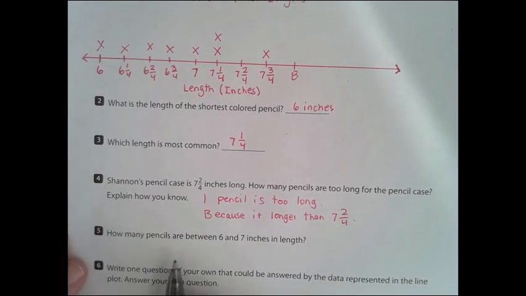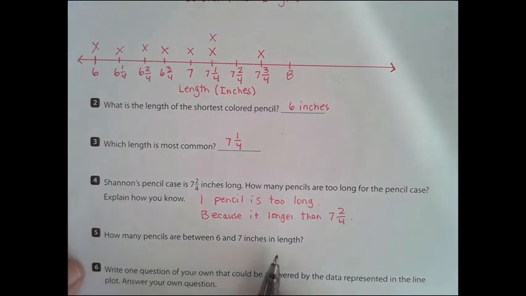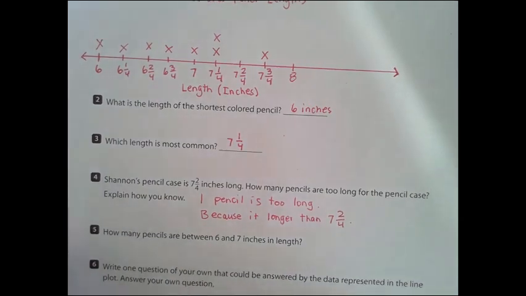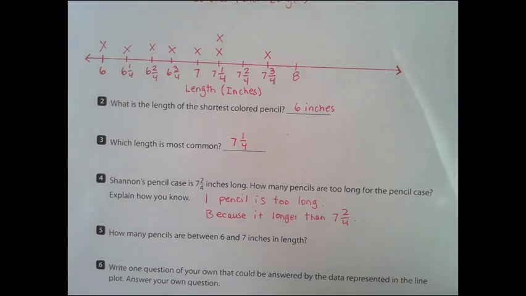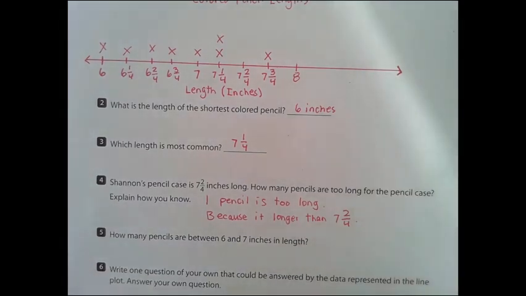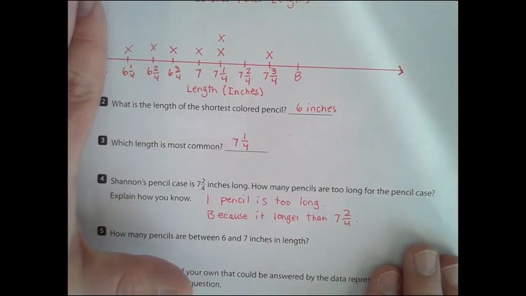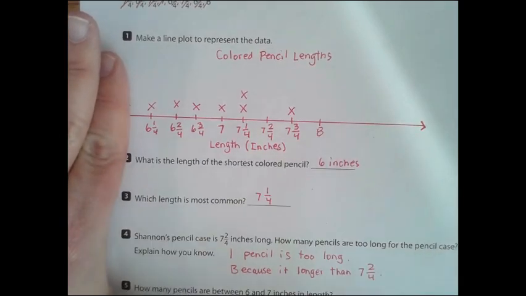All right, how many pencils are between 6 and 7 inches in length? This one can be a little tricky because we have to look at the question really carefully, not quickly. They're asking which ones are between 6 and 7 inches, not including 6 and 7 inches. So how I do these types of problems is I take my 2 hands and I'm going to cover up 6 because, again, they don't want to know which ones are 6 inches long.